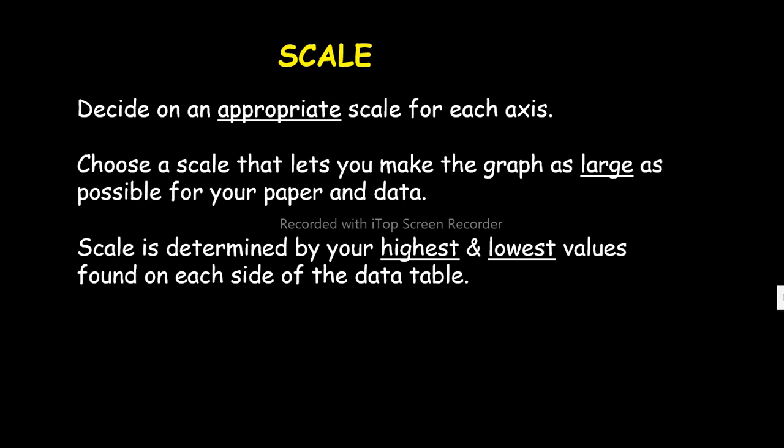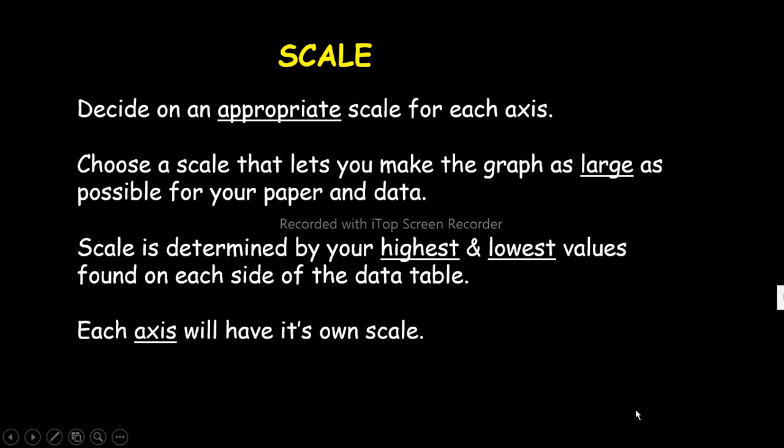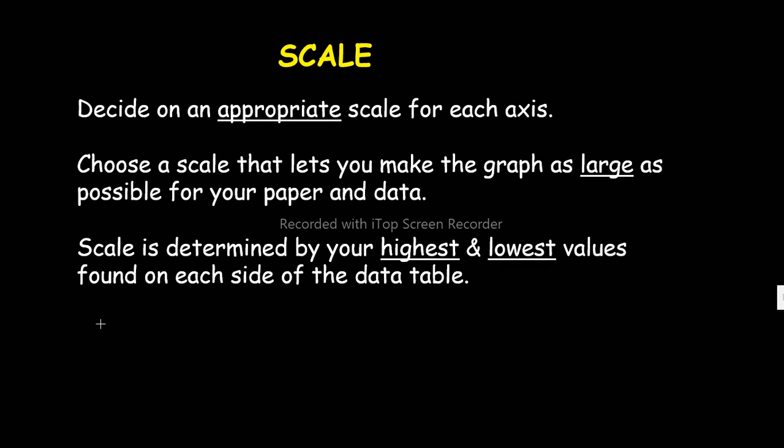And even if we don't, you get the highest minus the lowest, basing on the values given. And then you divide by the number of boxes that you want your graph to cover.